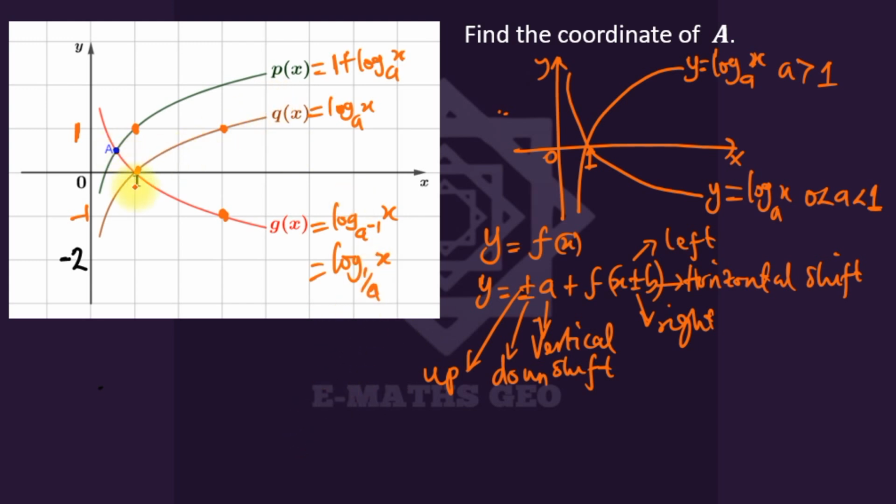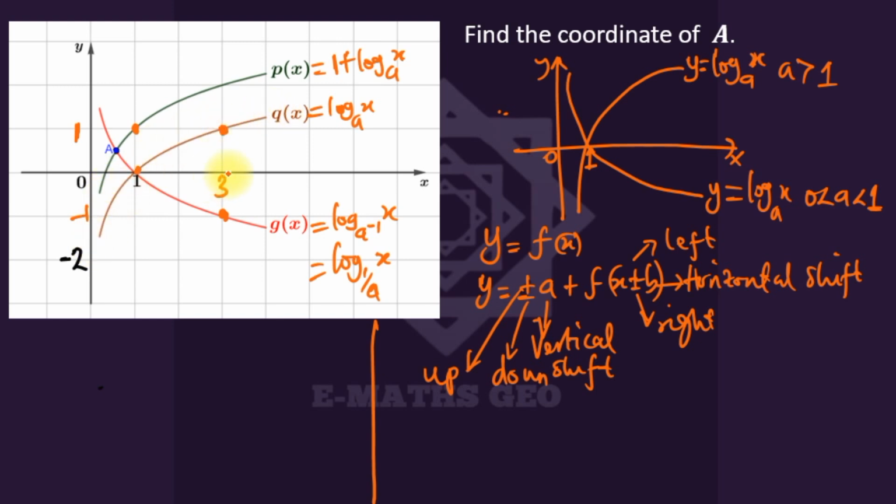We want to get the point of intersection of this and this. But first, because we want to get the exact value, I need to get the value of A. How do you do it? Look at this, the graph of Q of X. You see that we have an important point.